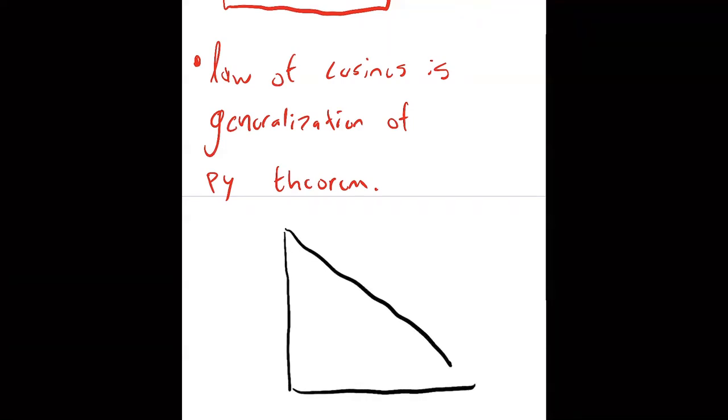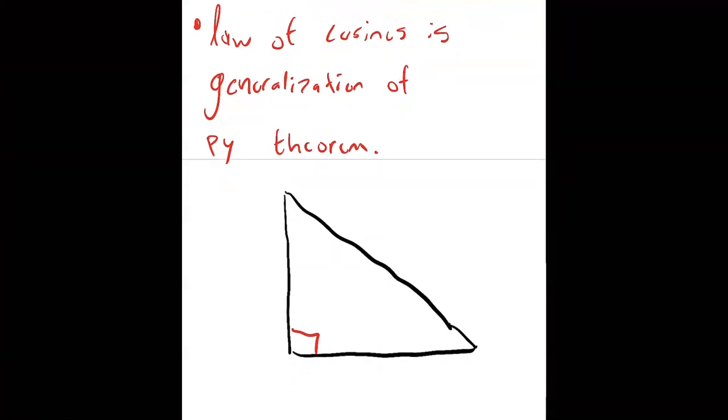Looks something like this. We'll call this C, we'll call this angle A, and we'll call this B. So this is going to have side C, side A, and side B.